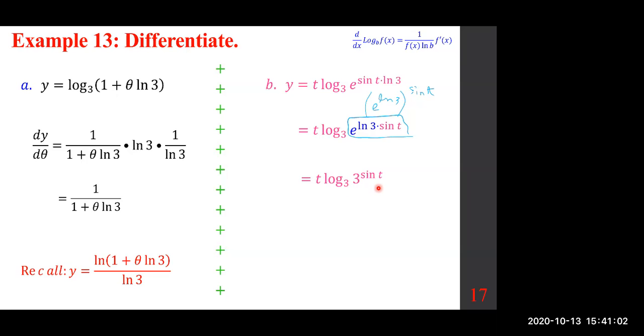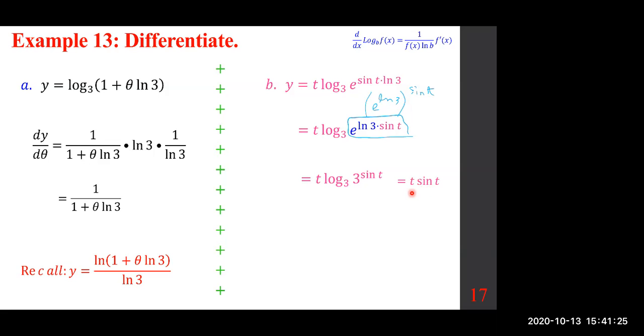Now take a look at this one. Log base 3 of 3 to the power of sine t. See, we are just doing algebra. We're just doing logarithmic properties. This simplifies. This simplifies to simply sine t, so t times sine t.